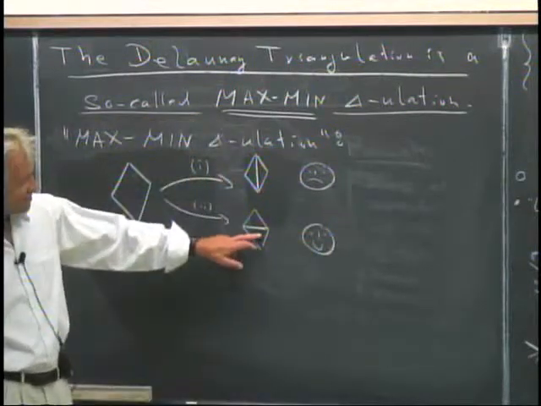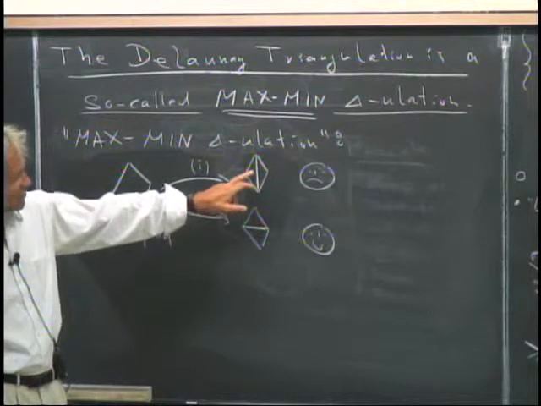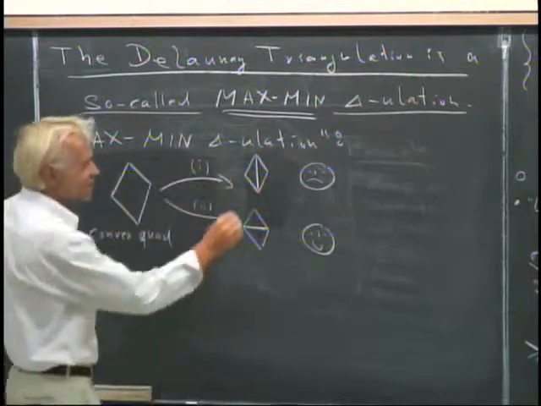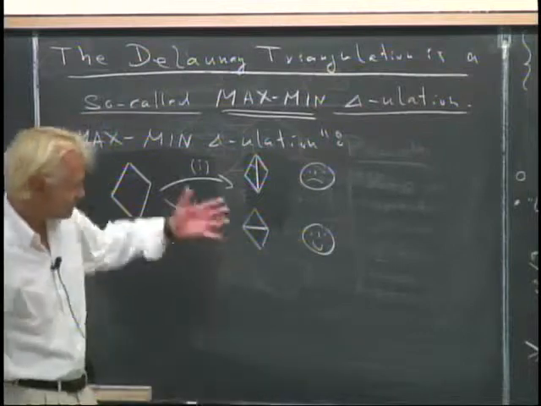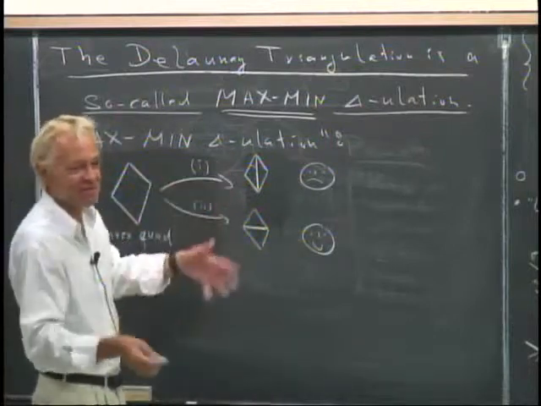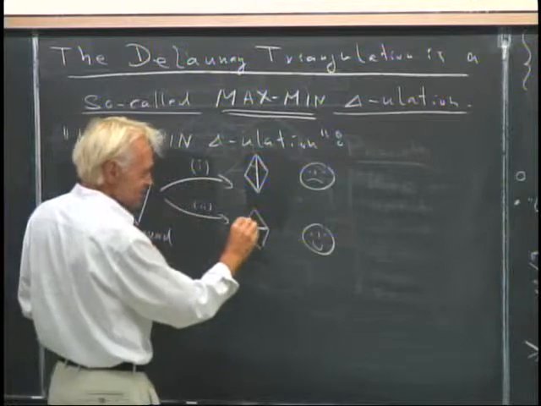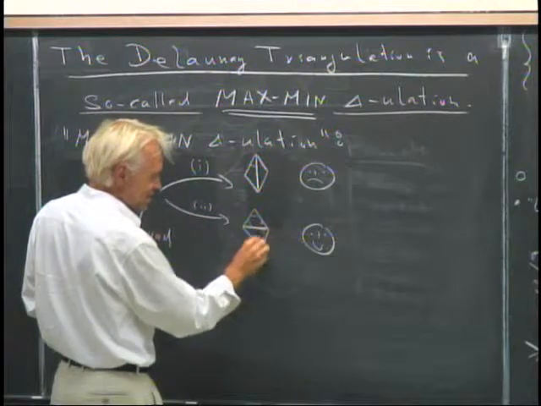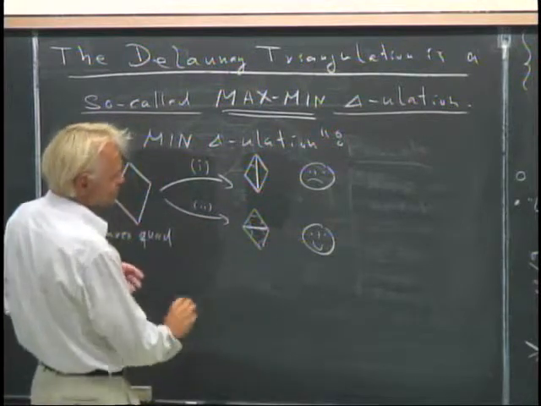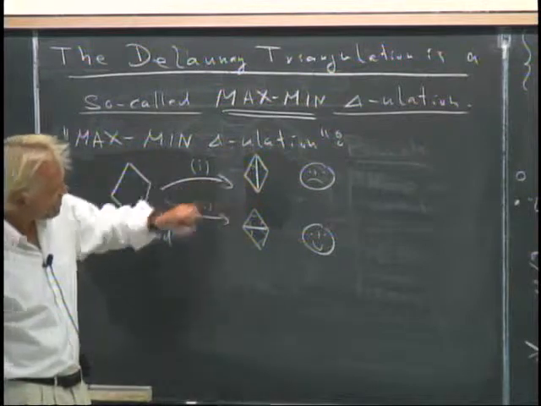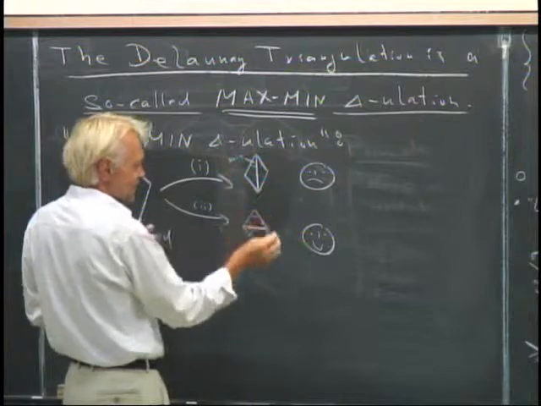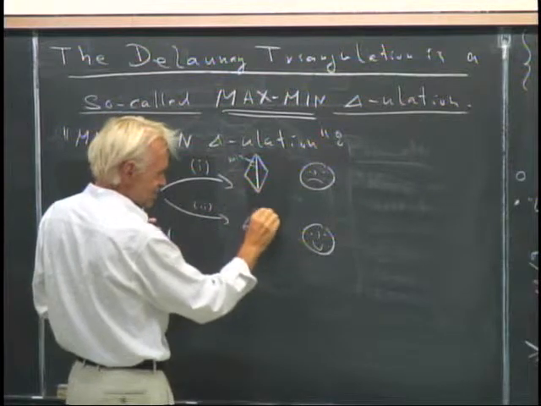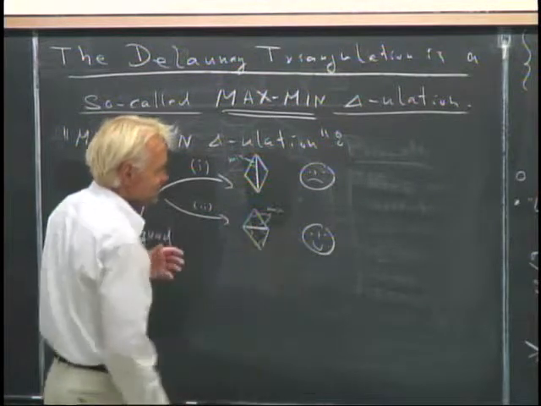Because when I look at the minimum angle here, it might be this guy. The minimum angle here might be the same angle everywhere, right? The angle is 60 degrees everywhere. This is the minimum angle, and here we have 6 times the same angle, 60 degrees.